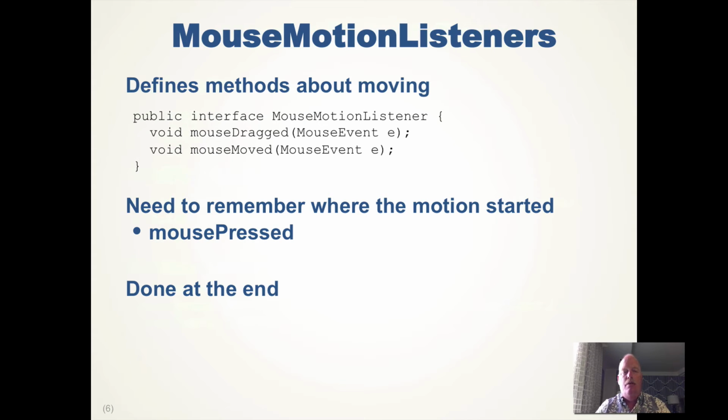So you would say, I want to remember where we started, and then where we ended, my listener will execute. So it's a 2-step process. Remember where it started, and then where it ended. It is a little bit more complicated, but you do get an indication of when the drag event ended or when the mouse stopped moving. You don't get an indication when the mouse started moving, but often that might be on an enter or a press.